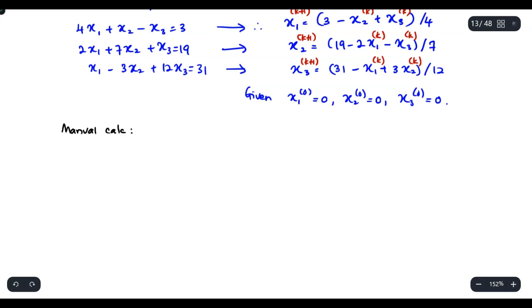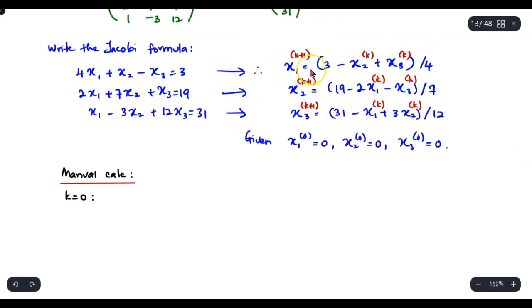Sample of manual calculation. In the manual calculation, normal procedure in any iteration, we start with k equal to 0. When k equal to 0, we calculate all the values of x1, x2, and x3 by looking at the corresponding formula. For x1, at the left side we have x1, 1 because our k is currently 0, so k plus 1 is 0 plus 1.